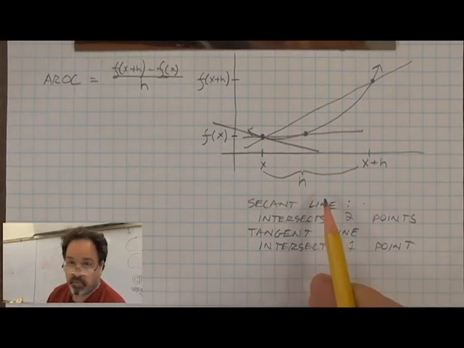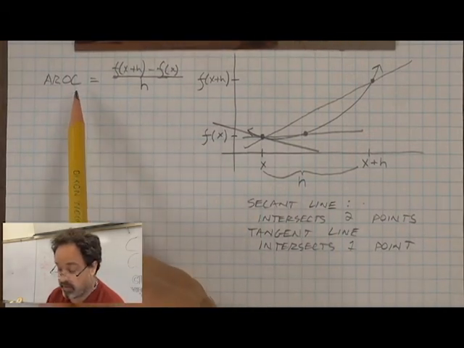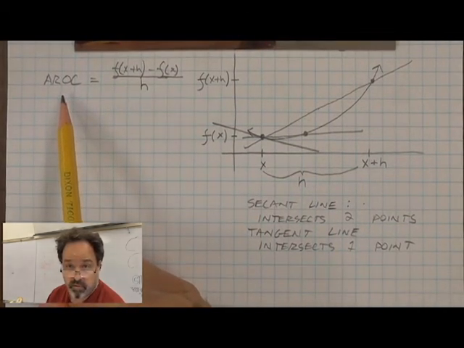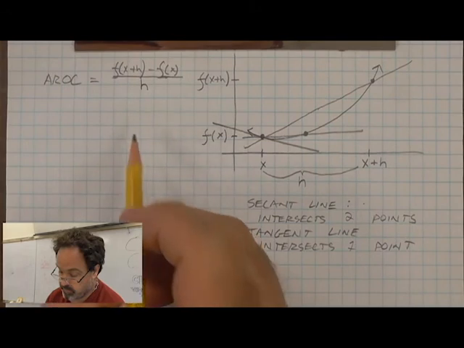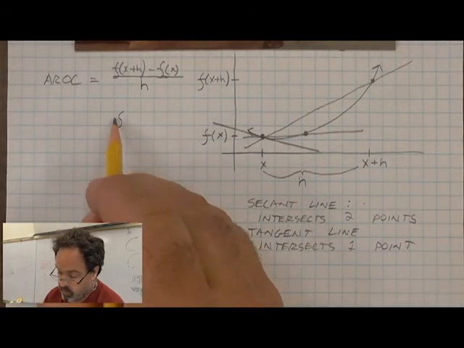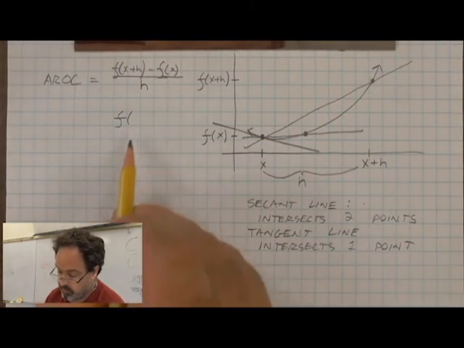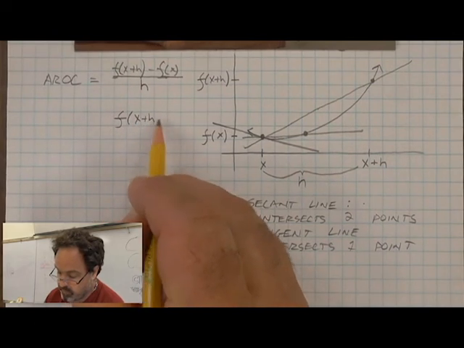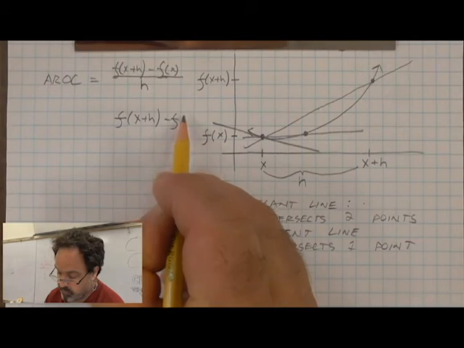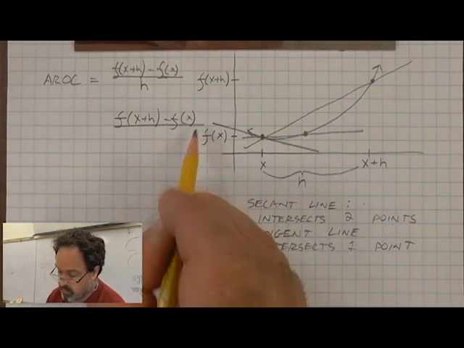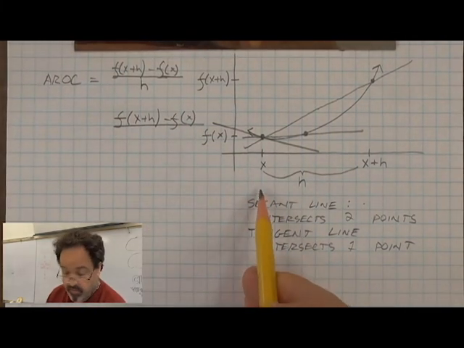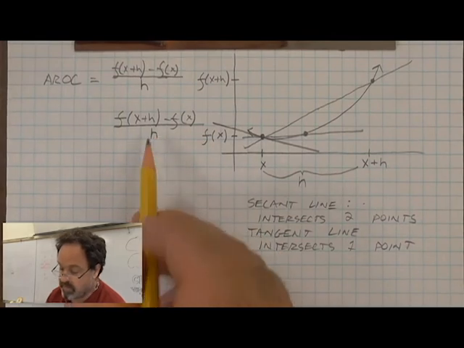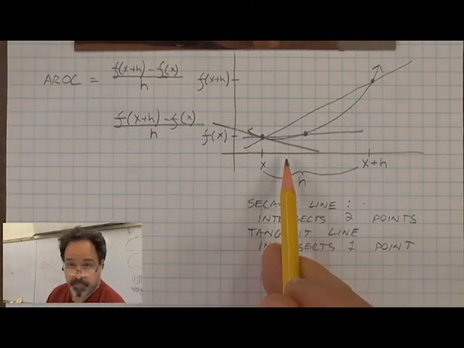But what did that do to the expression to calculate the average rate of change? Well, something happened. We still have a vertical change that can be calculated: f of x plus h minus f of x. What changed in the expression is the distance between these 2 points.